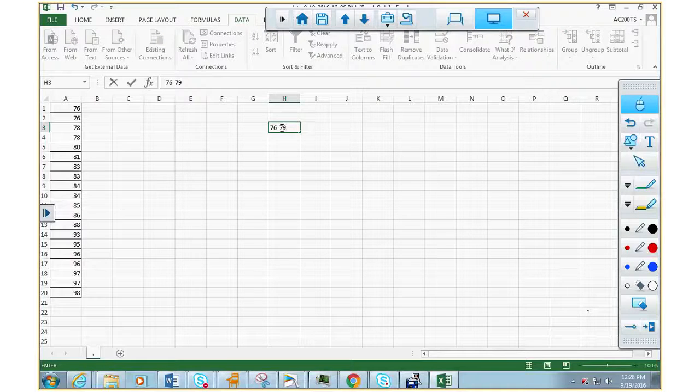79, and then what? 80 to what? 80 plus 3 is 83, and then 84 plus 3 is 87, and then what? No, that's not.